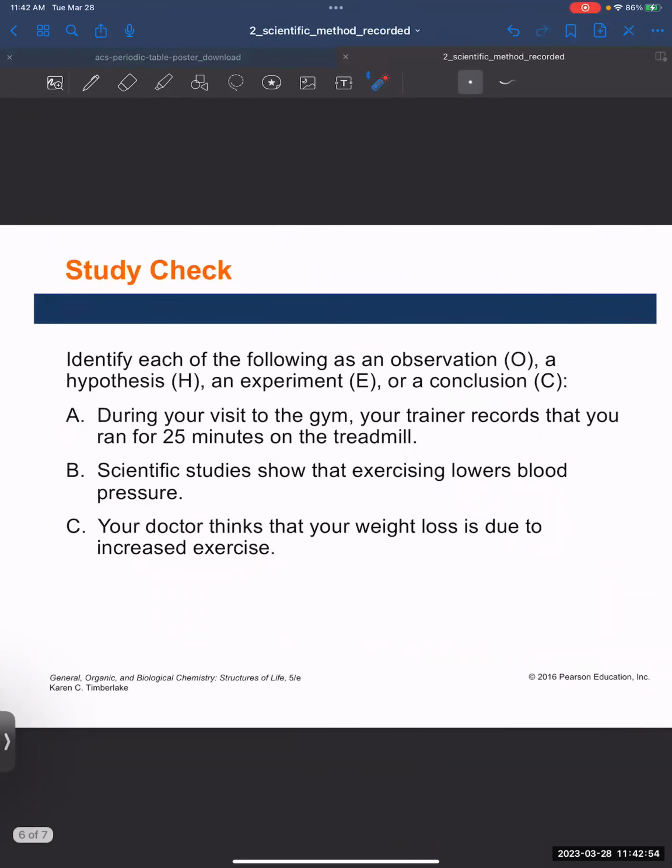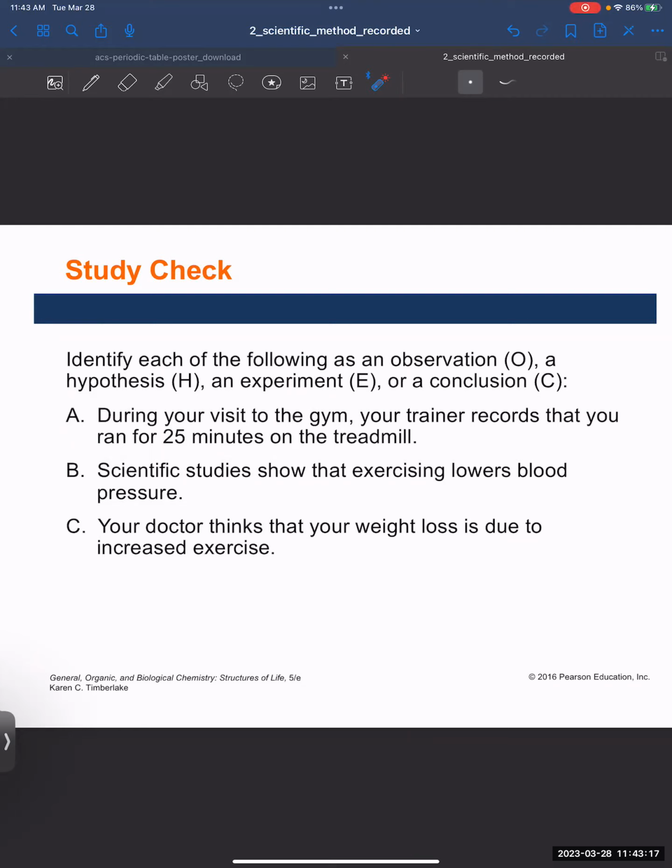So let's pause right here and check to see if we have a good understanding of what is an observation, a hypothesis, an experiment, or a conclusion. Now's the time to pause your video and answer this on your own first, and then play again to check your work with me.